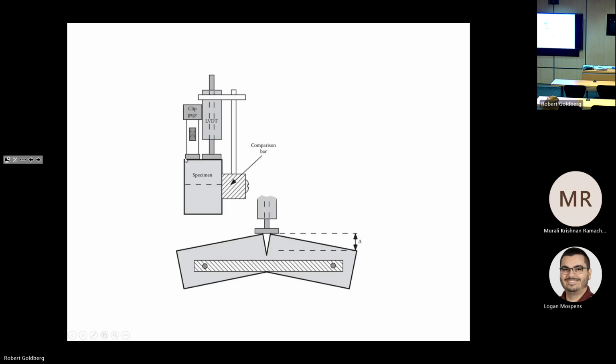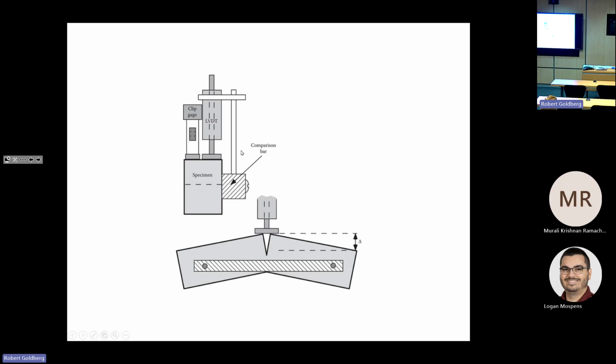So this figure here talks about the type of setup you can have to simultaneously measure this crack mouth opening displacement and the load line displacement.